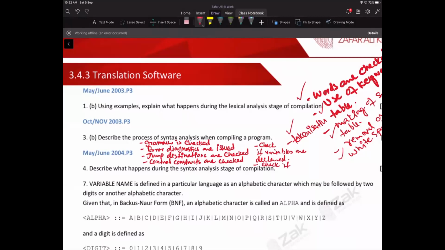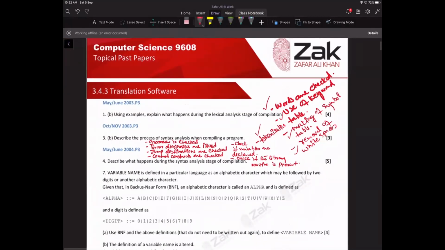Check if the library routine is present or not. So you see, you need to understand that many of the things when we are reading books or notes are not very much clear. So you have to be very much clear that what happens at lexical analysis stage and what happens at syntax analysis stage.